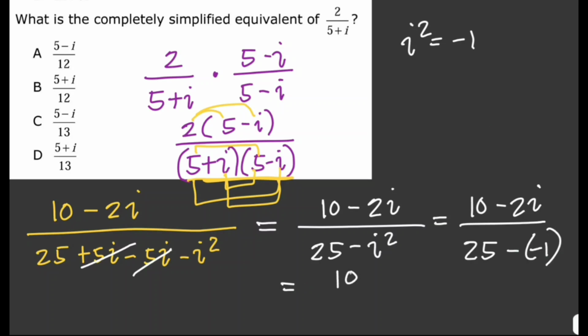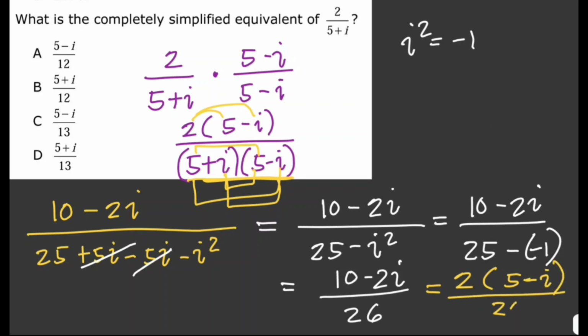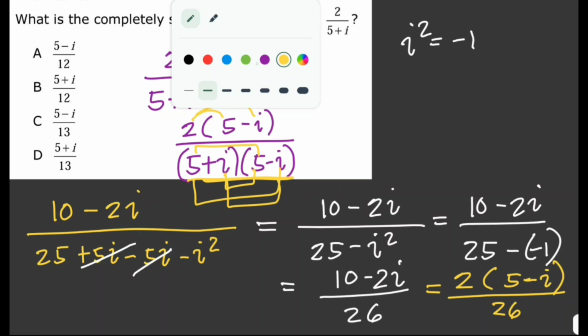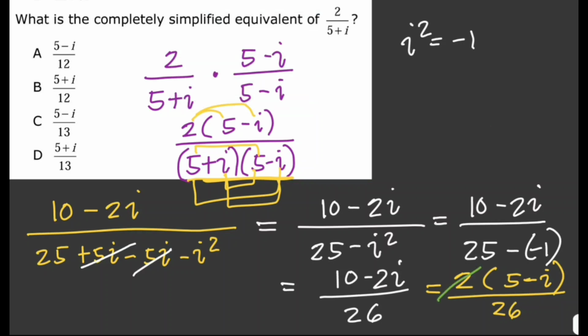Then this is just 10 minus 2i over 26. Now we have a common factor here. We can factor out 2. Then we're left with 5 minus i in the parentheses over 26. And 26 is divisible by 2. This would become 13.